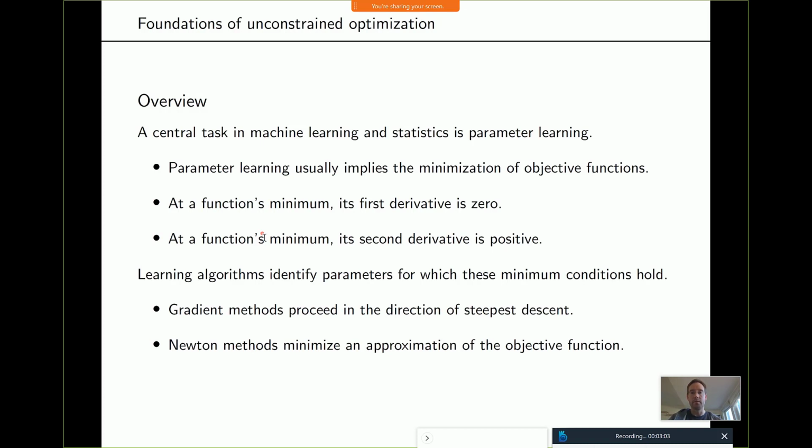And we basically mentioned last time that learning algorithms identify parameters for which these minimum conditions hold, and we mentioned two important forms of learning methods, namely gradient methods and Newton methods, but we haven't discussed them yet. So I just mentioned them last time, and this will be the main topic for today's session on optimization, to discuss gradient and Newton methods.